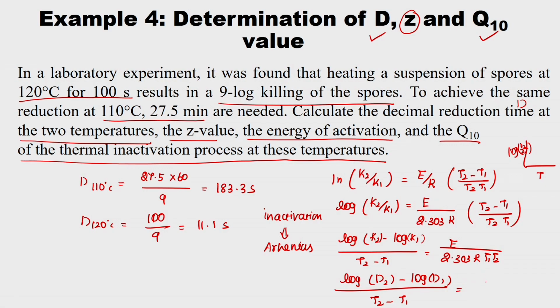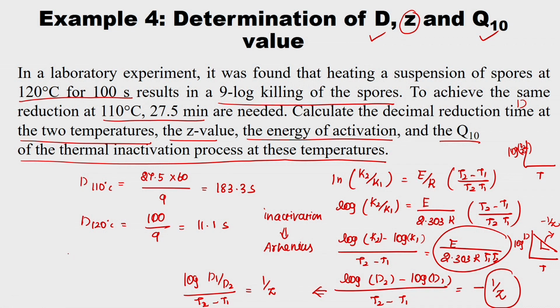So we have told already, the slope of this line is nothing but minus 1 upon Z, right. Now I wanted to compare these two. If you remember the last class, this is temperature, this is the log scale of the D value, and the slope is nothing but minus 1 upon Z. So this becomes log D1 upon D2, which is T2 minus T1, nothing but 1 upon Z.